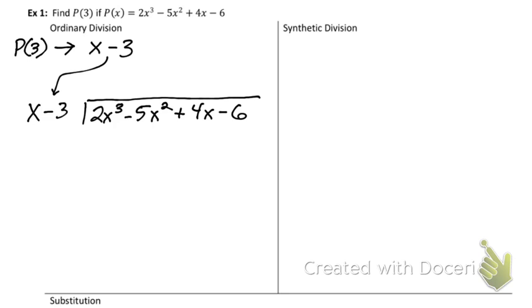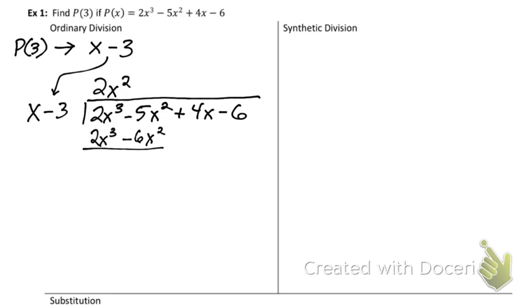And that is 2x squared, because 2x squared times x gives me 2x cubed. I can't just multiply by the first term. I also have to multiply by this negative 3. So we're now going to do 2x squared times negative 3, which will give me negative 6x squared.